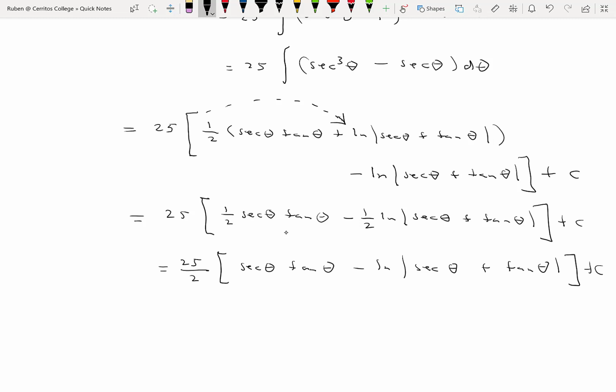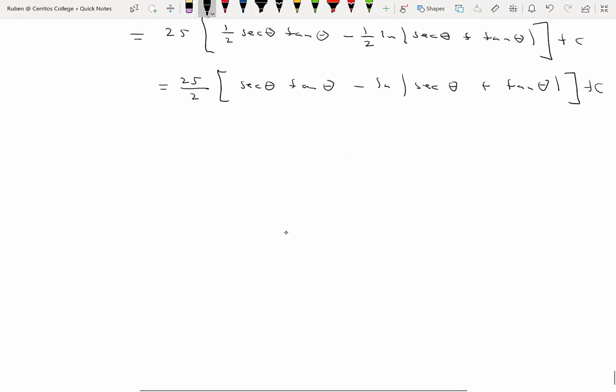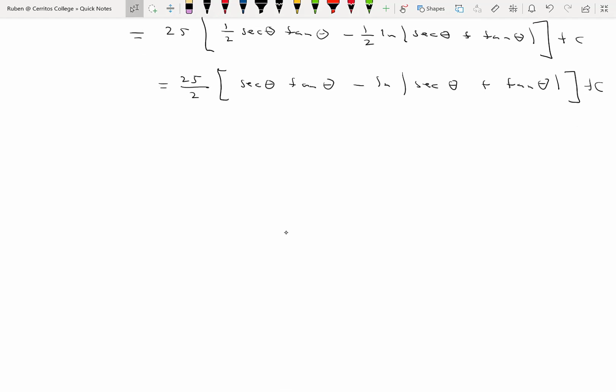Now we go through the task of converting to x, which means that we draw our little right triangle somewhere on our page, with our substitution.